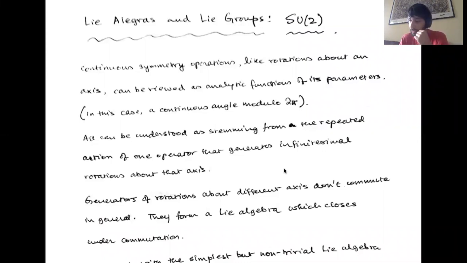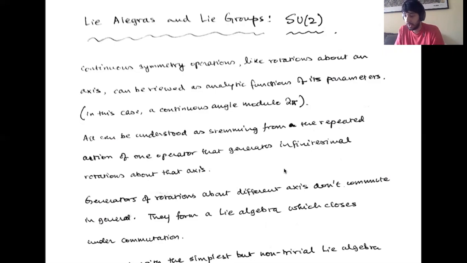As I was saying, we are going to be looking at continuous symmetry operations, rotations about an axis, that can be viewed as analytic functions of its parameters. When you're looking at rotations, this is just a continuous angle, of course, modulo 2 pi as I write here.